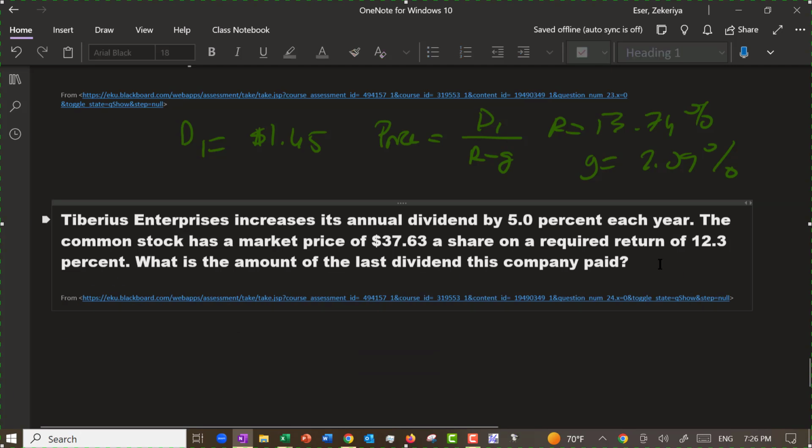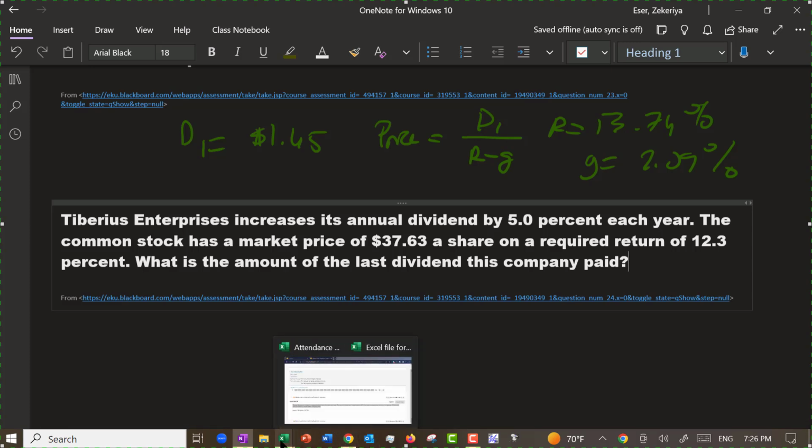Okay. This time we know the price, we know the required rate of return, and what is the amount of last dividend this company paid. Okay. Think of it this way. Again, we can solve this algebraically. Let me do it algebraically first.